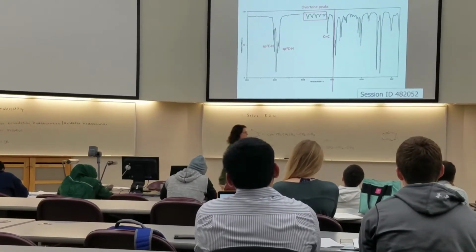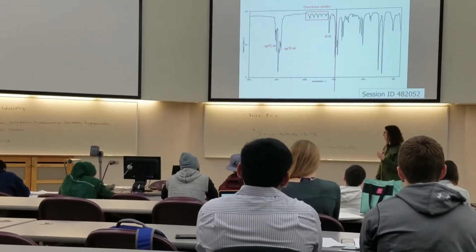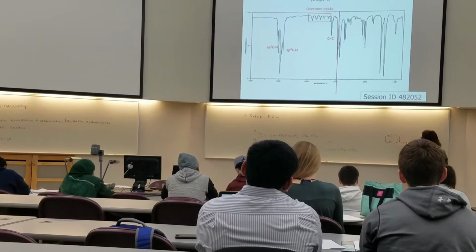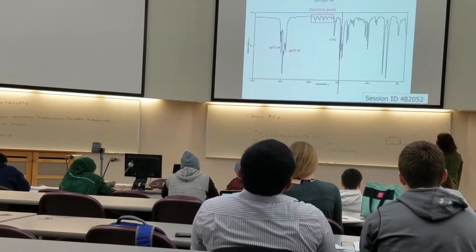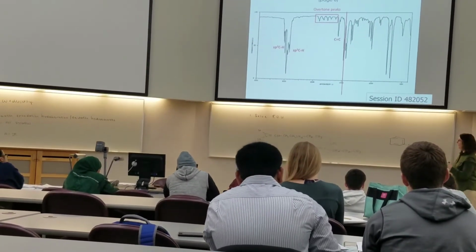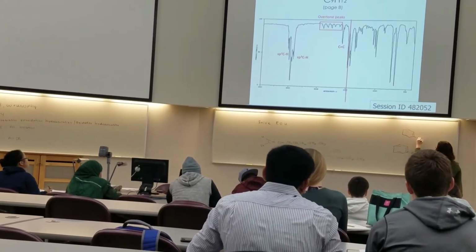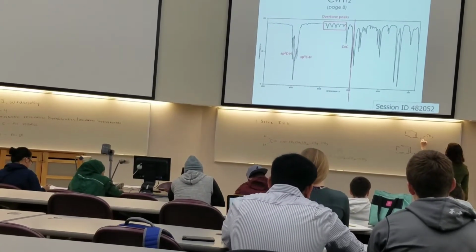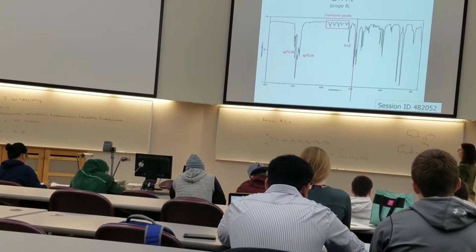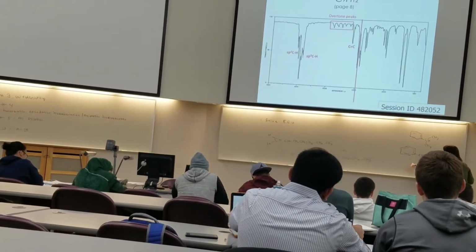C9H12. This is 6 carbons, so we need 3 more. You can put them all in a line. And make them an isopropyl group.